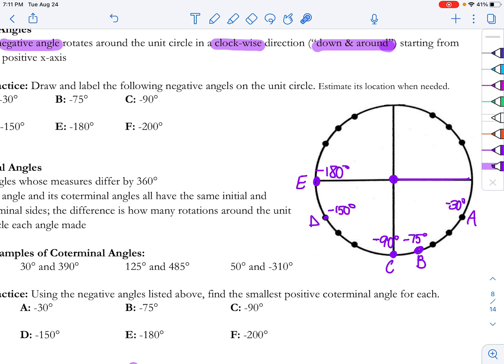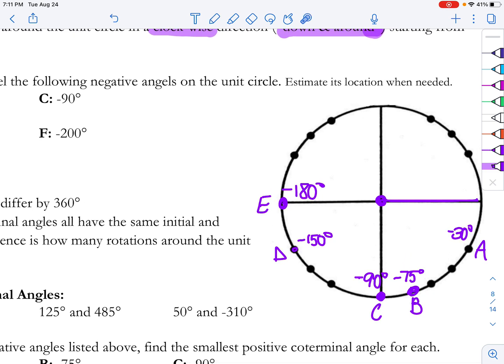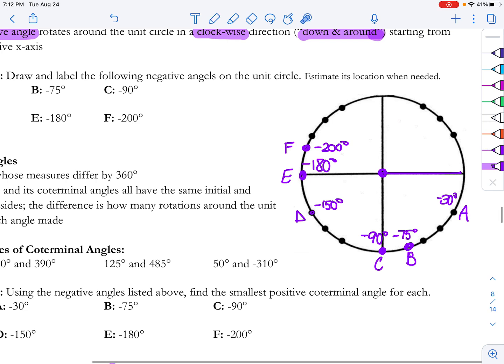So they happen to end at the same spot. And then the last one they want us to plot here, point F, is negative 200. So remember the distance from our x-axis to this point is 30 degrees. So negative 200 would be about here. Point F.